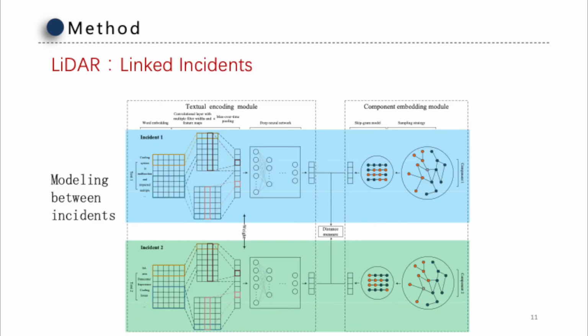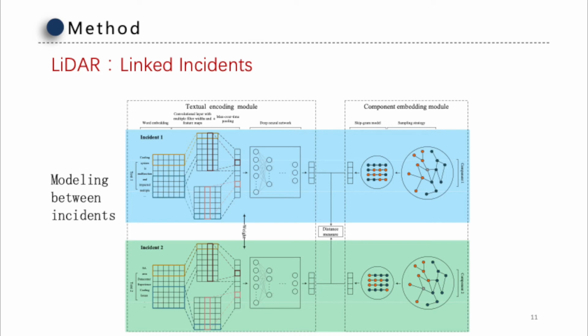So, to deal with different types of linked incidents, we propose LiDAR, a deep learning-based model for identifying linked incidents. The overall structure of the proposed method is illustrated above.